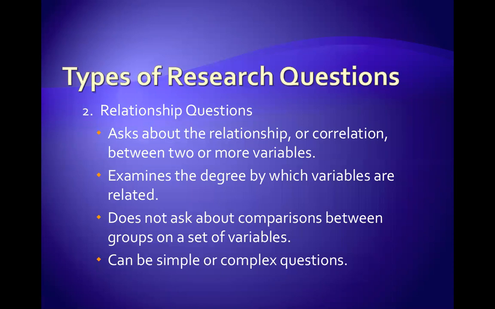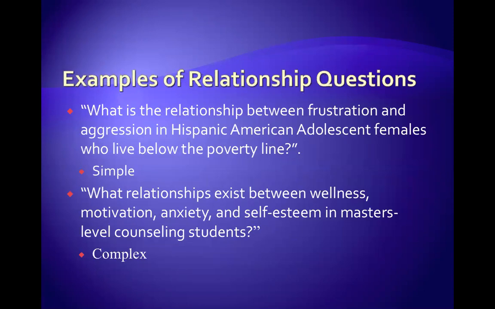So let's say you're measuring depression and sadness, and they're very related, but as depression increases, so will sadness. Whereas if you're looking at sadness and happiness, as happiness increases, sadness will go down. So they're negatively related. They can be simplistic or complex by nature. Now, this is an example of a simple relationship question.